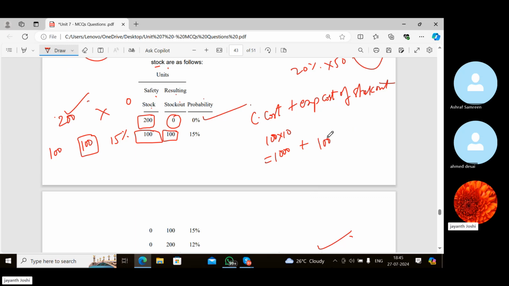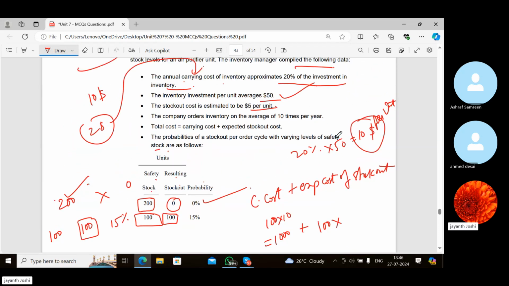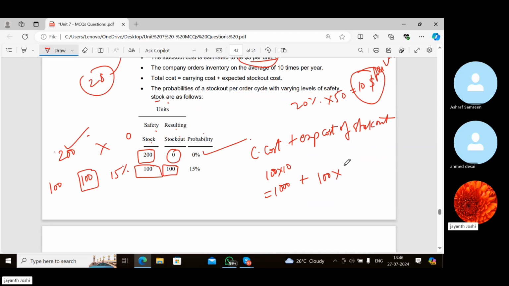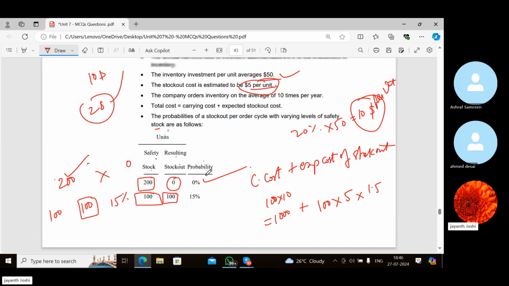Into what is the estimated stock out cost, $5, into 15%. 100 into 5. Expected cost of stock out. 100 units, $5 per unit.